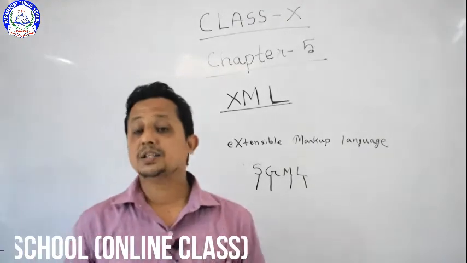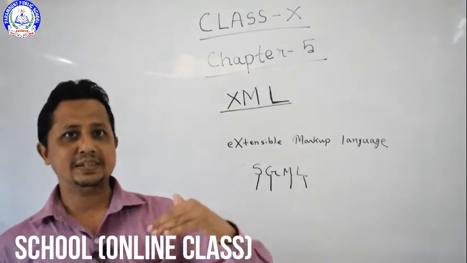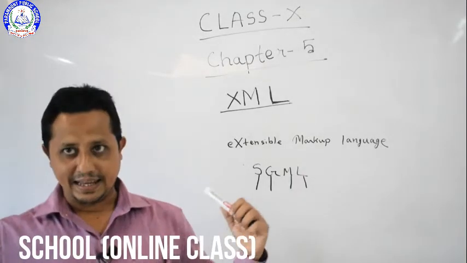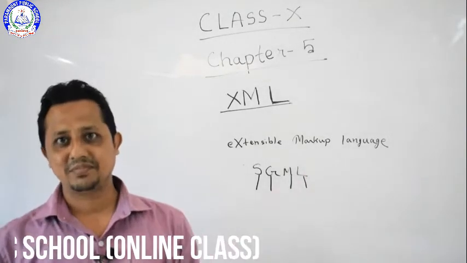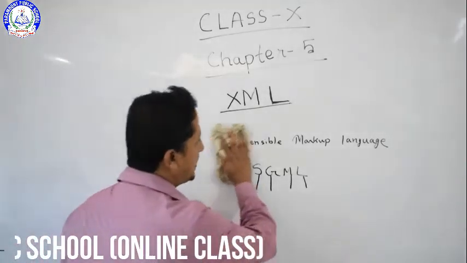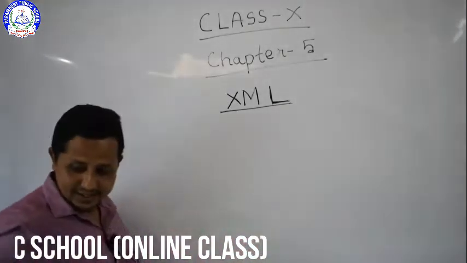Then we have the document structure. Basically the structure of XML is a tree. I am just showing an example. It is like this.